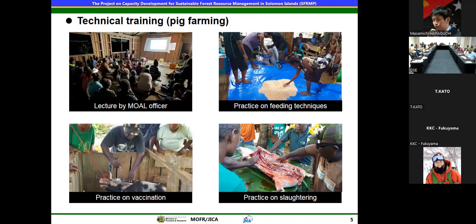Below we have practice vaccination, a yearly activity from the Ministry of Agriculture and Livestock. They inject the pigs, and at the same time the community learns how to conduct vaccination. On the bottom right is the slaughtering. This activity is also conducted by the Ministry of Agriculture and Livestock.